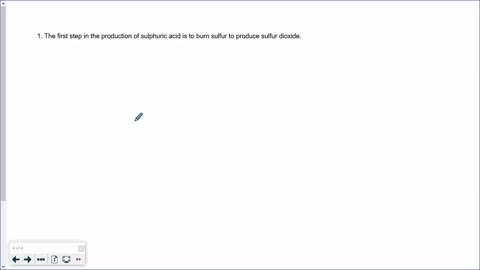So we want to produce sulfuric acid. And so the first step is, sorry, this one's a toughie. I was kind of reading it wrong.